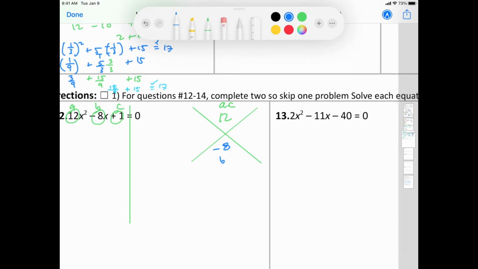You can write out the factors. I think we got a winner there: 6 and 2. Okay, so I multiply them and they equal 12, so both negative. -6 times -2 is positive 12, and -6 plus -2 is -8.